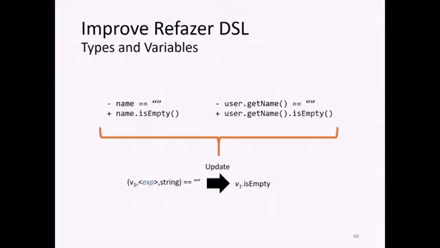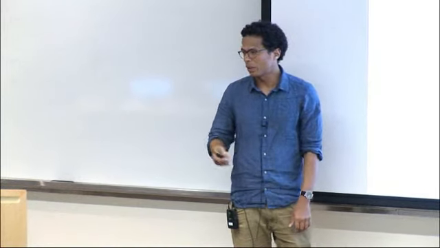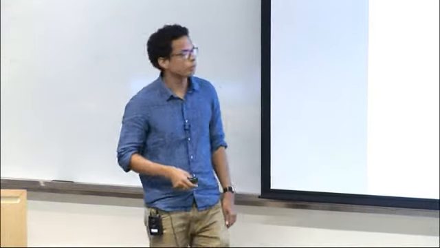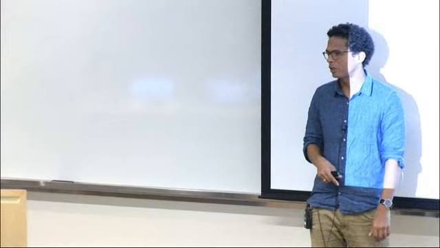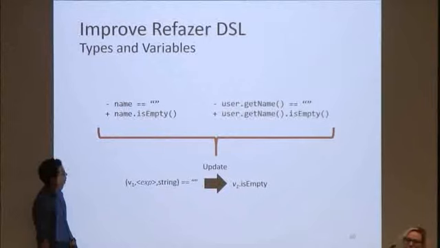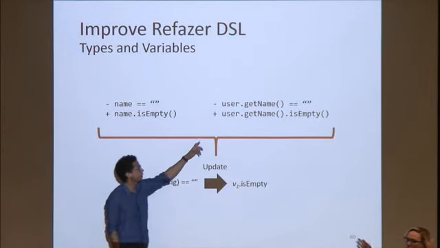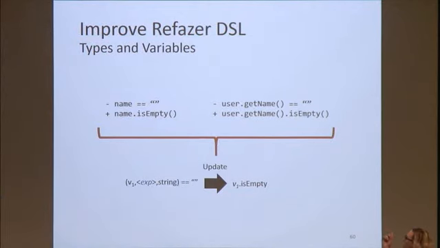As I said, we also want to improve our DSL, adding types. For instance, looking at Google's Refazer language, we are thinking about how we can also support the type of transformations that they implement. So we want to say that this expression has type string, and then we will match it only if the type is string.